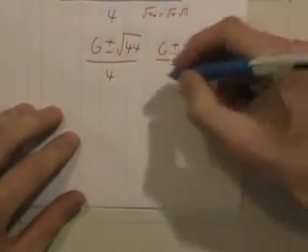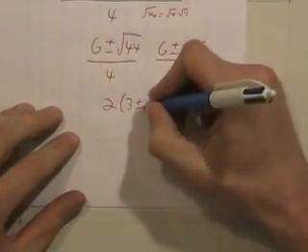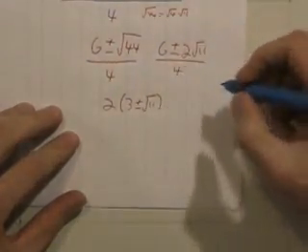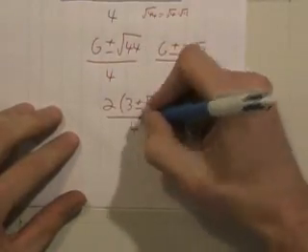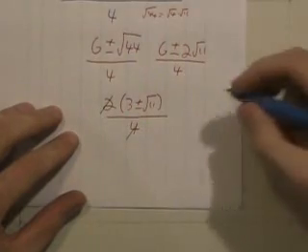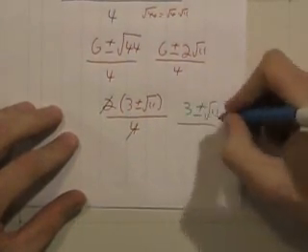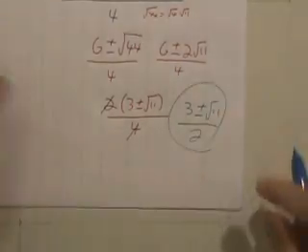So that'll be 2 times 3 plus minus radical 11 over 4, and then you can cancel the 2's here, and the final answer is 3 plus minus radical 11 over 2. Right, that's 1 and 2.